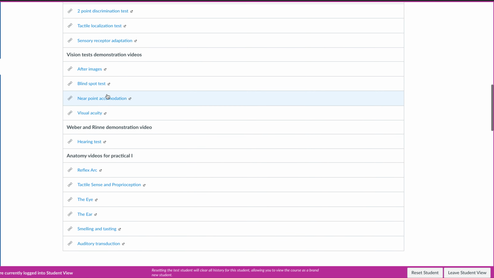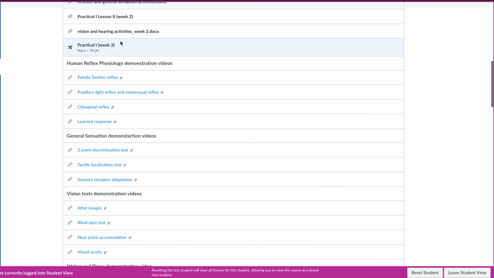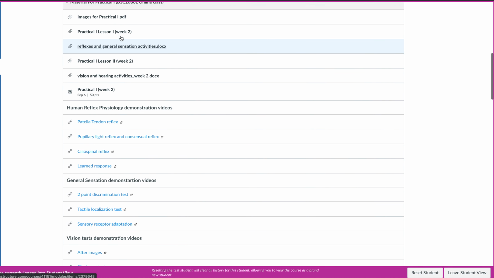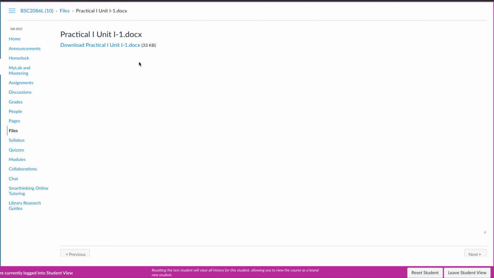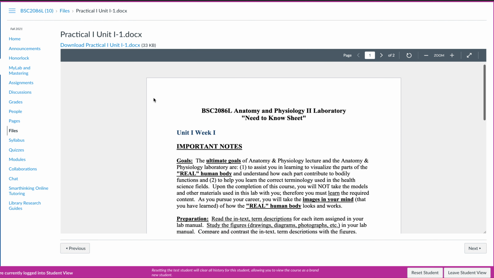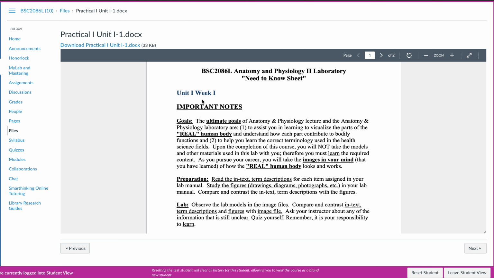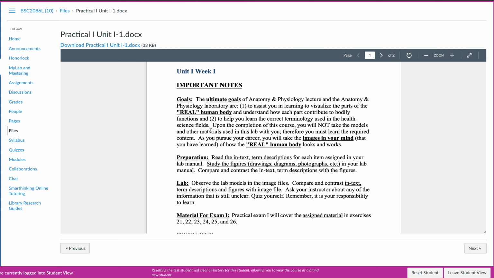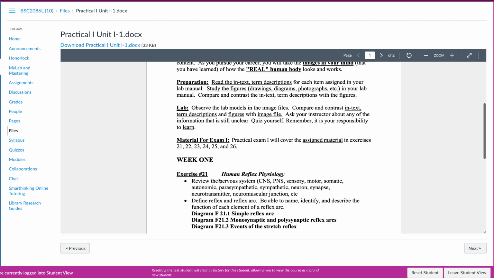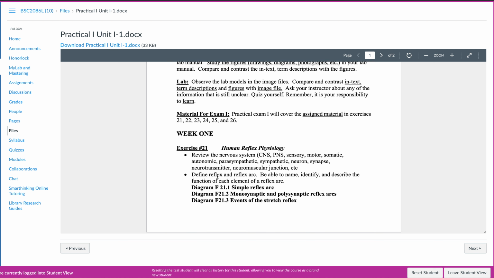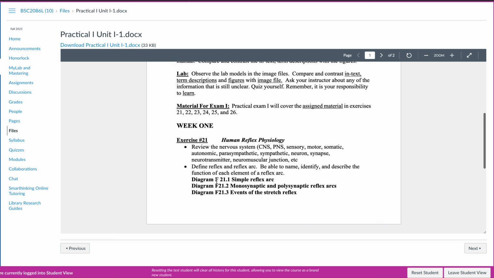Some other diagrams might be stated in your lessons when you are opening the lessons here for the practical. You just need to follow the instructions. It's a self-paced course. You just need to read through the material, follow the instructions, and complete the exercises for this information to make sense for you.